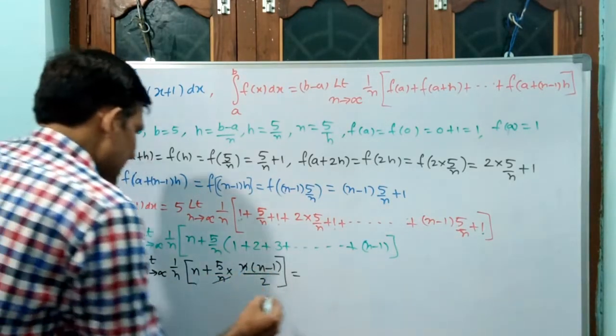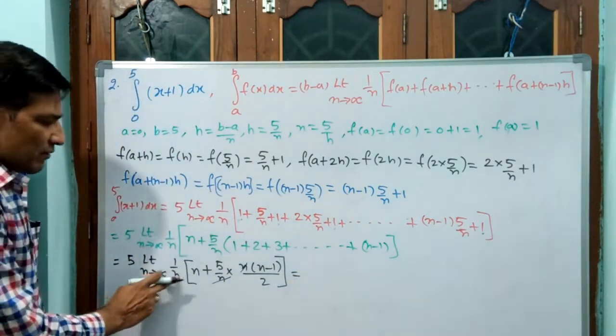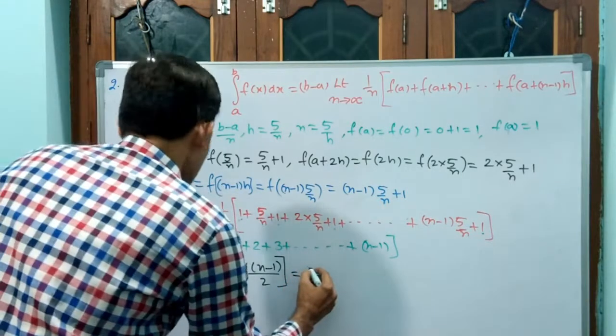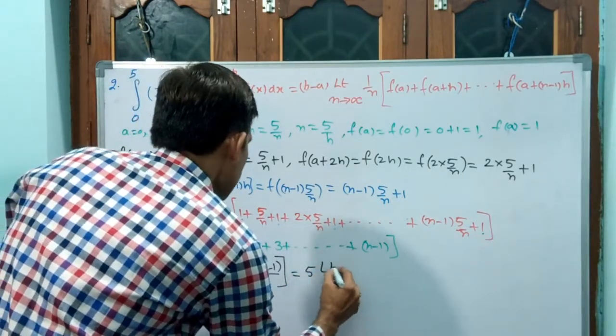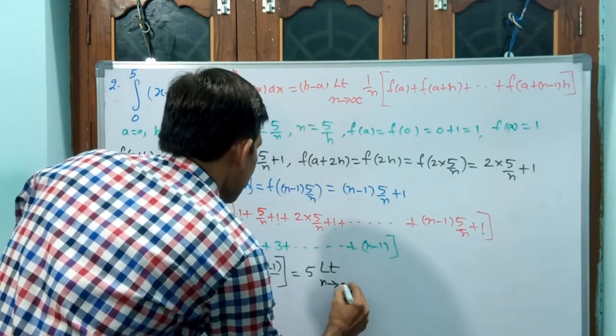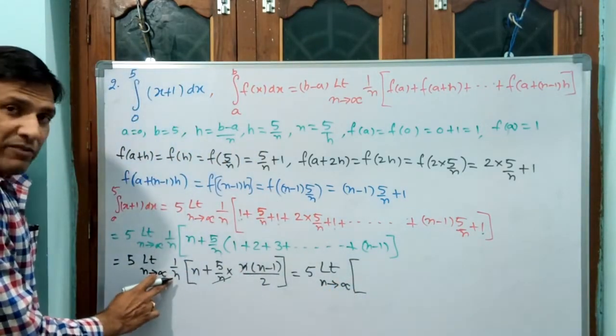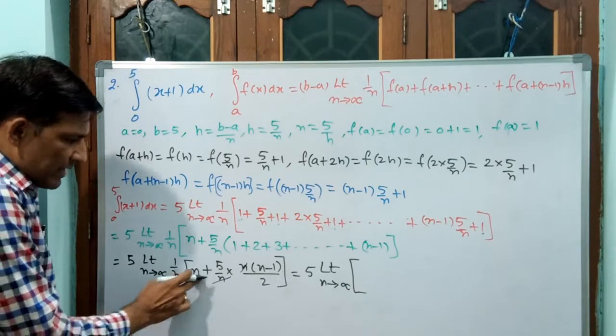Now what I am doing, you see, I am sending this 1 by n inside. That is equal to 5 into limit n tends to infinity, this 1 by n will not be there. Inside if it goes, n divided by n, 1.